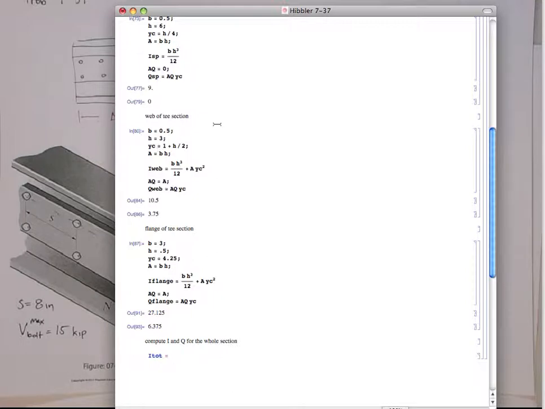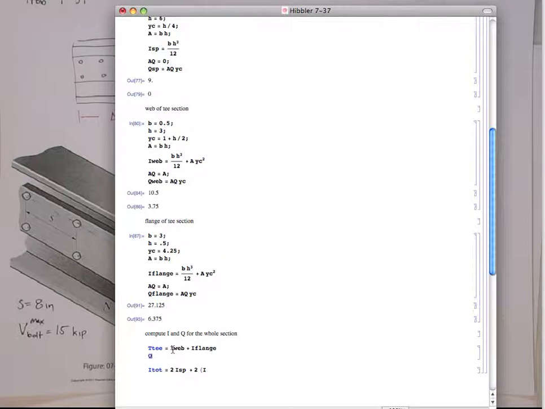I is going to be 2 times the I of the side plate, because we have 2 of those, plus 2 times the I, well, actually, if you want to get real cute, I could do I of the T is going to be I of the web plus I of the flange. That's the I of one of the T's.